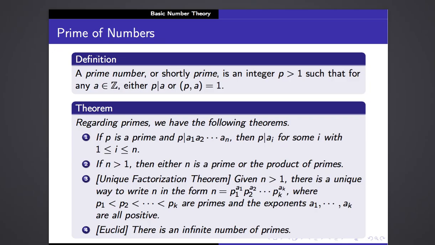Okay, so here's the definition. A prime number, or shortly a prime, is an integer p greater than 1 such that for any integer a, either p divides a or p and a are relatively prime.